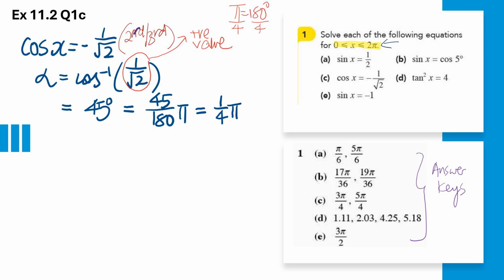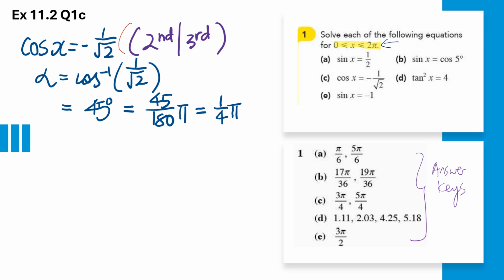Okay, so now the next important thing is that, I've already explained to you earlier on, it's important to know where you're getting your angle from first. There are two very important things that you remember. First is to find alpha, but alpha is always an acute angle. So when you cosine inverse, sine inverse, tangent inverse, any value, the value must be positive.